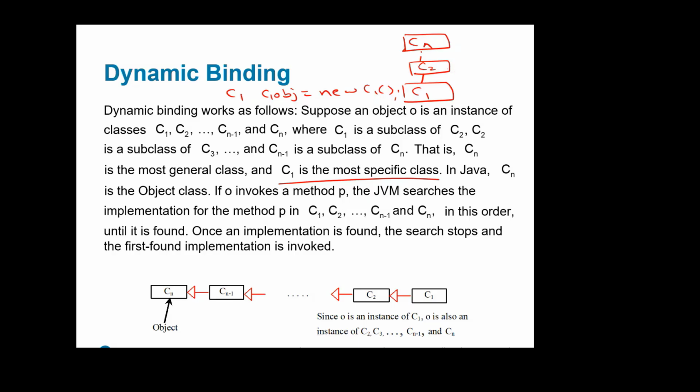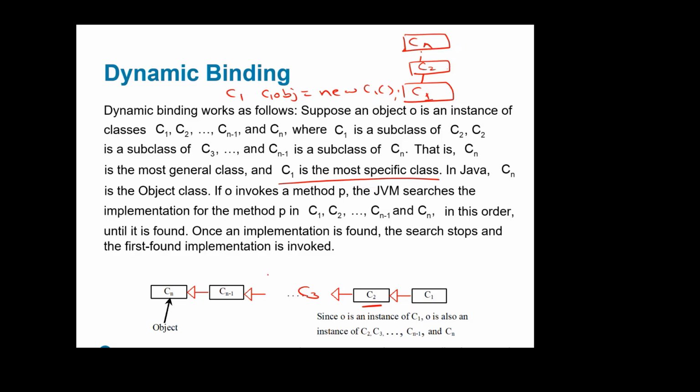So if that method is not present in C1, it is going to look for that method in C2, as they have shown in this direction. If that method is not in C2, it will see if it is implemented in C3 and so on. And if it doesn't find it in any of the n minus 1 parents, then finally it has to be there in Cn. If it is not there, then we cannot even call that.